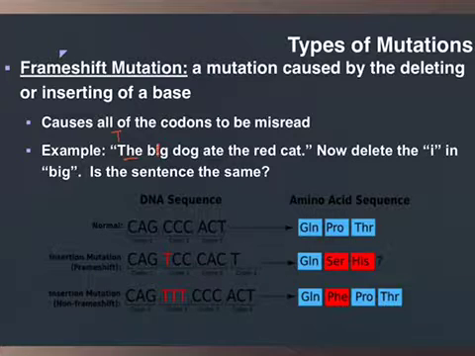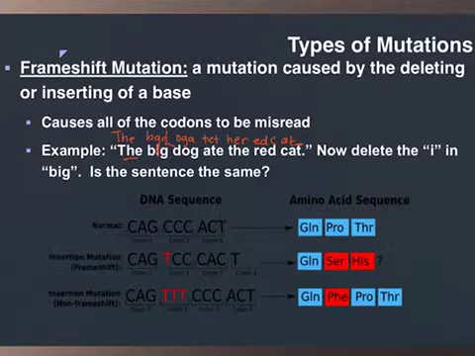We start off with the, but then our next three letters would be B, G, and then the D from dog, then O, G, A, T, E, T, H, E, R, E, D, C, A, T, and then nothing. So you can see that when we delete a letter or a base, it changes how the sentence is read.